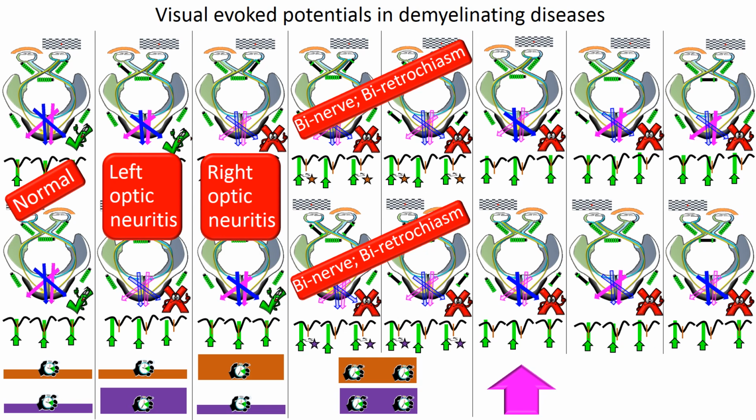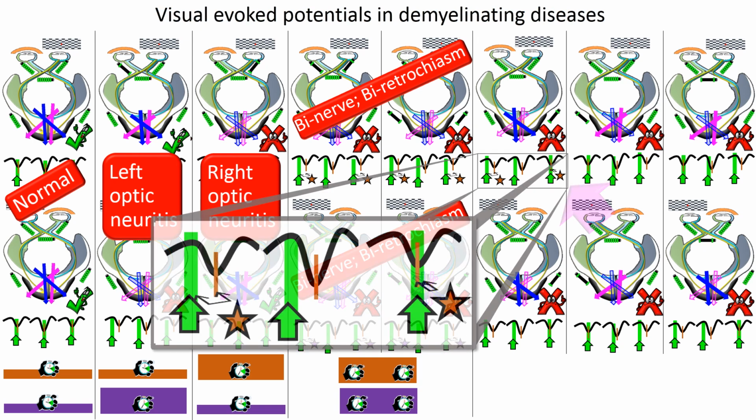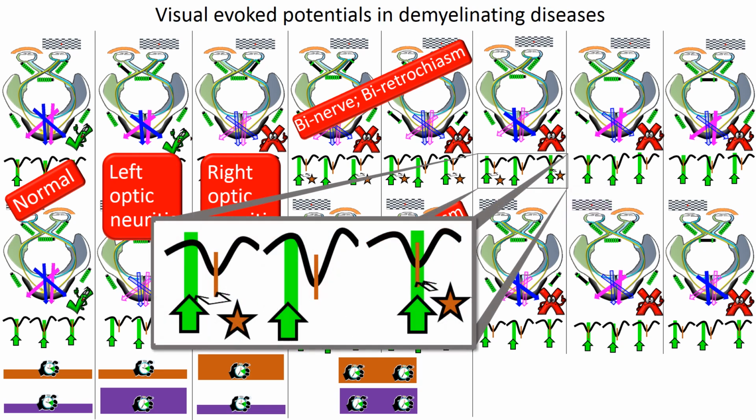Going to the next column, notice that the double-headed arrows and the stars I have here enlarged in order for us to see what occurs after right eye stimulation. And as you can see, the left parietal P100 is significantly delayed, while the right parietal is within normal limits.